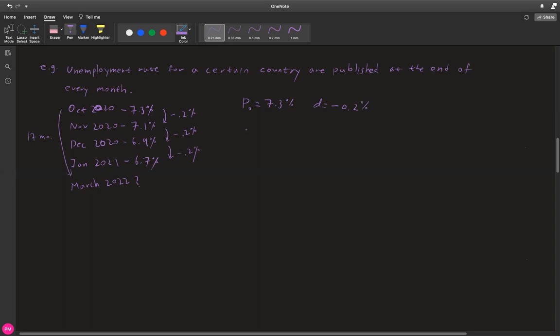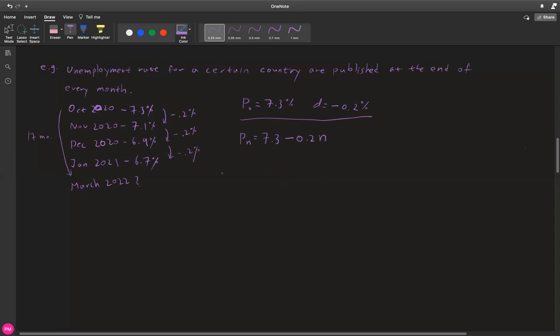Now that makes it easier, because from these two facts we can create the explicit formula P sub n equals 7.3 minus 0.2n, where n is the number of months that have elapsed since October 2020.